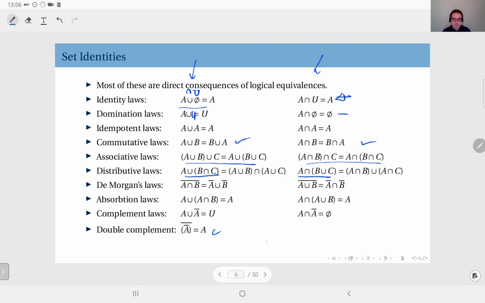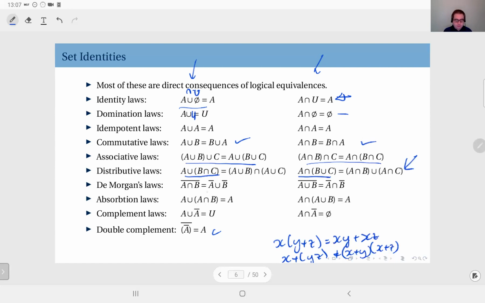For instance, if you remember, we have x times y plus z. We can write this as xy plus xz, but if you have x plus yz, you cannot write this as x plus y times x plus z. But here you see we have distribution both ways. Union distributes over intersection, but also intersection distributes over union.